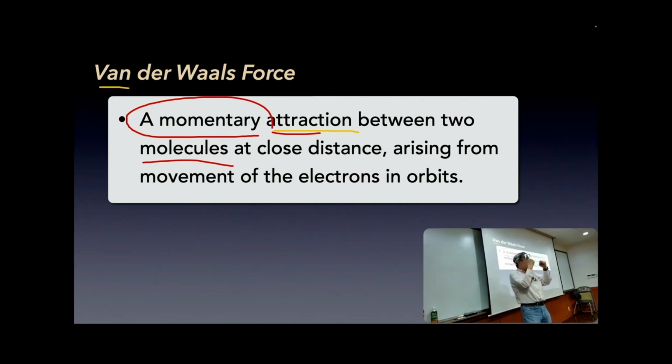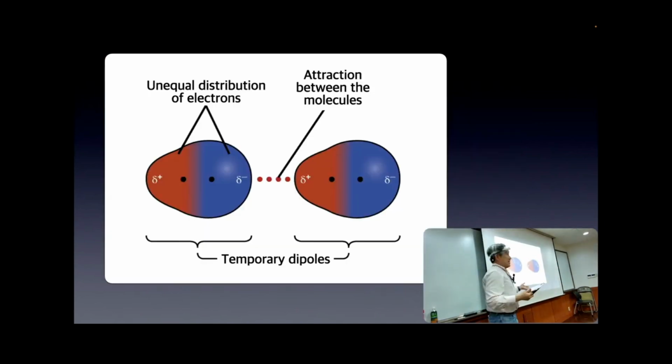Because in each of these two elements or molecules, they have these circling electrons. Electrons move around, and depending on the particular position of an electron, randomly speaking, they generate some kind of attraction. Let's consider this: two substances, it could be two elements or whatever.